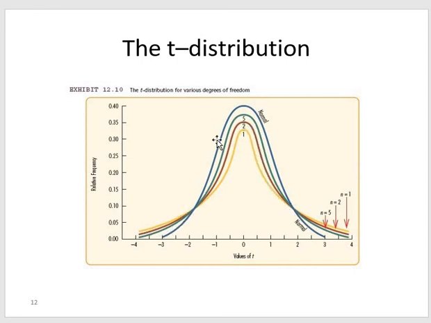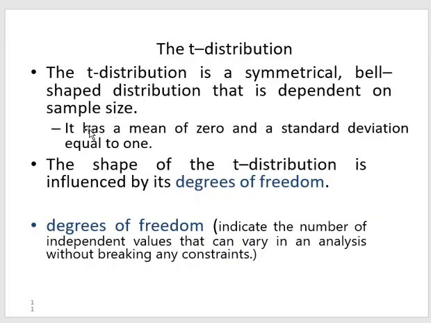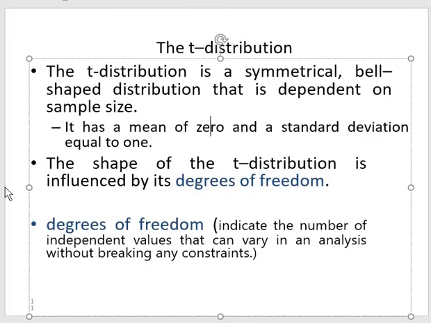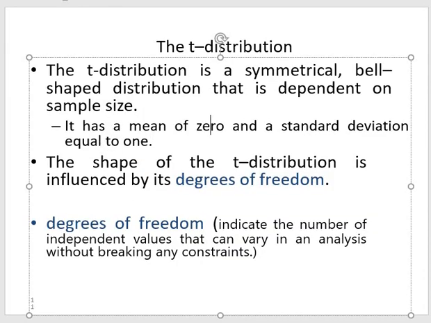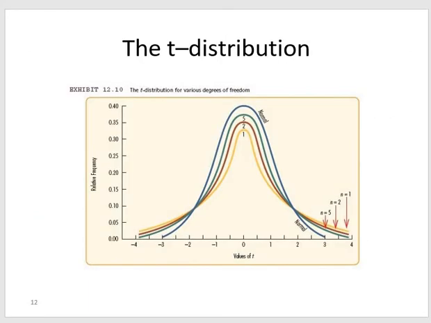All these three different shapes are shown, and in each shape the basic structure of the t-distribution is always a bell shape. Here you can see that it starts with 0, so as we saw earlier, it has a mean of 0 and a standard deviation equal to 1.